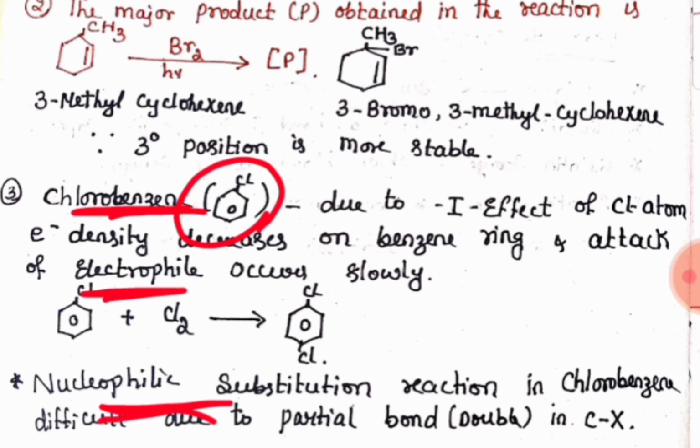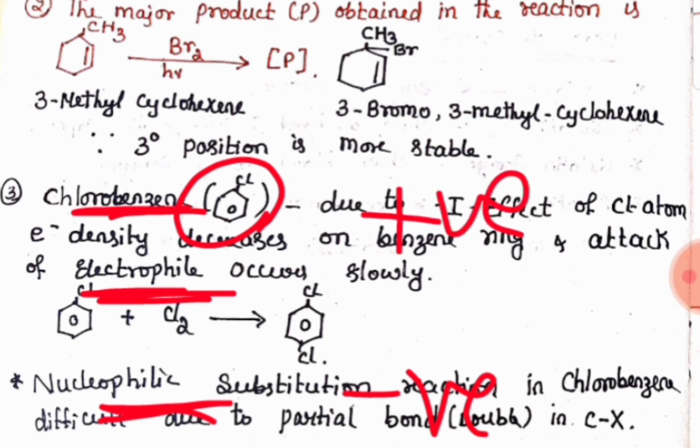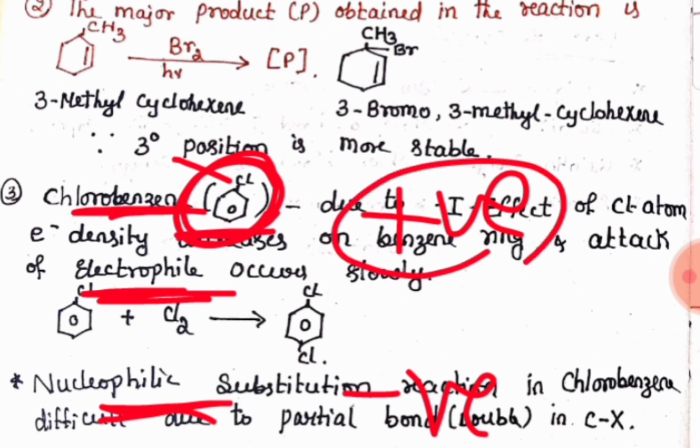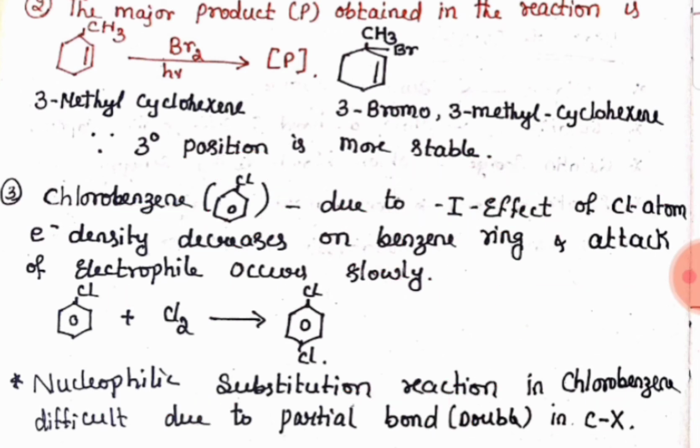Nucleophiles means nucleus loving species, means they are negatively charged, electron rich. Electrophile means electron loving species, means they are positively charged, electron deficient. So chlorobenzene, as it is a haloarene, because of the presence of the chloro group, the electron density decreases in the benzene ring. That's why it can react with electrophile very easily.